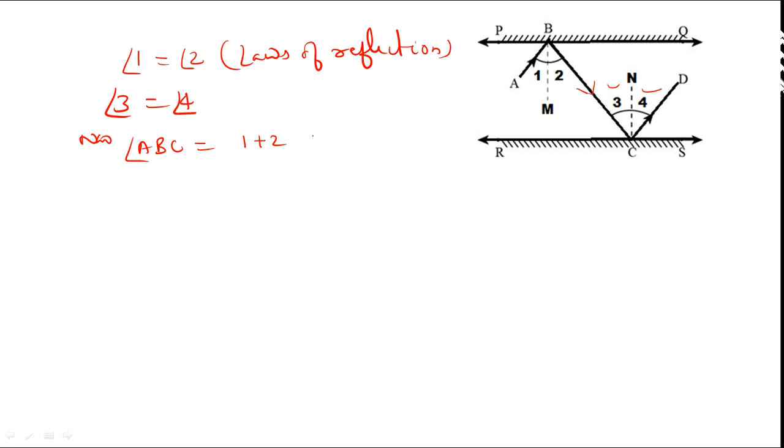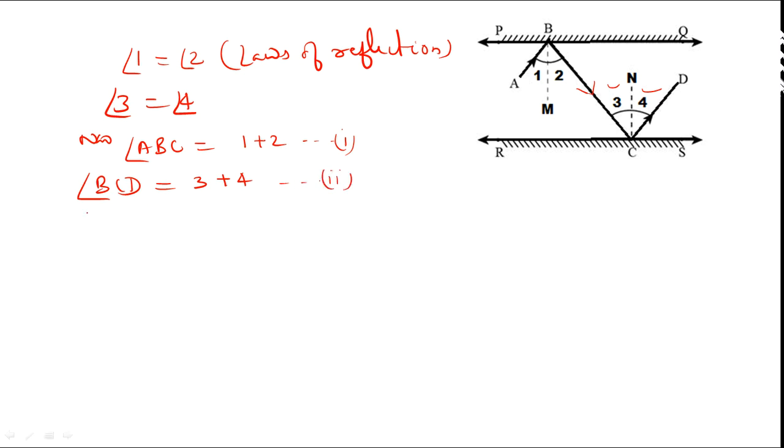Now let me take angle BCD. Angle BCD is the sum of angle 3 and angle 4. Don't write it as 7. The reason is the same. But angle 3 is equal to angle 4 and angle 1 is equal to angle 2. Right? This is equation first and this is equation second.